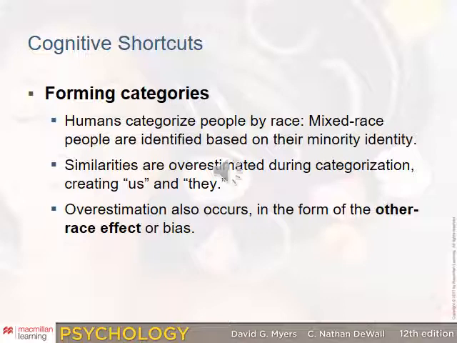Overestimation also occurs in the form of other race effects or bias. Similarities are overestimated during characterization, which then actually creates the us and them. For example, women, men, the elderly, and high school students will all constitute social categories.